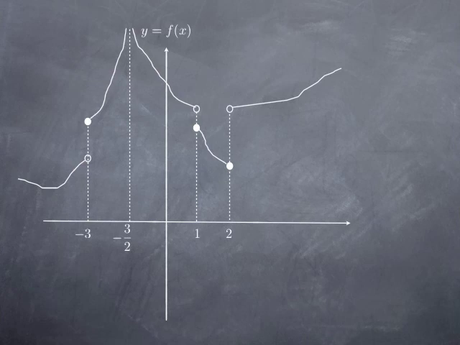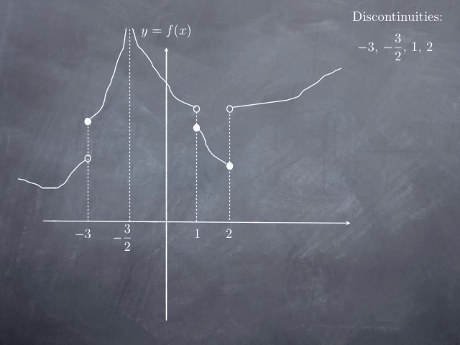So let's look at an example. Let's say this is a graph of a function f, and we are looking first for the discontinuities of this function. Well, you see that at -3, 1 and 2, we have discontinuities. In each case, in particular, the limit of the function does not exist.